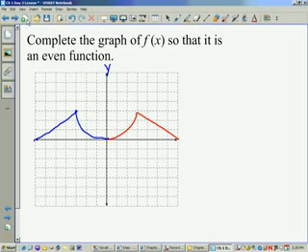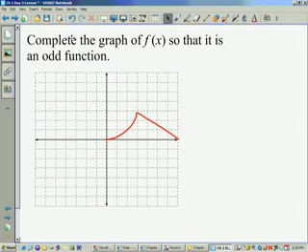And if you look at that, it's symmetric over the y-axis. Now if we want to make that an odd function, instead of going to the right 3, up 3, we're going to the left 3, down 3. And then fill in the last one.